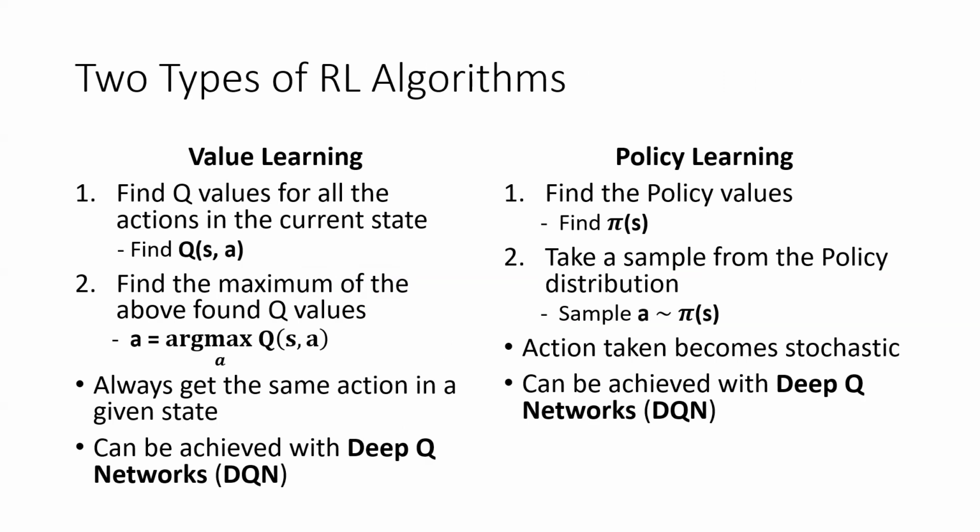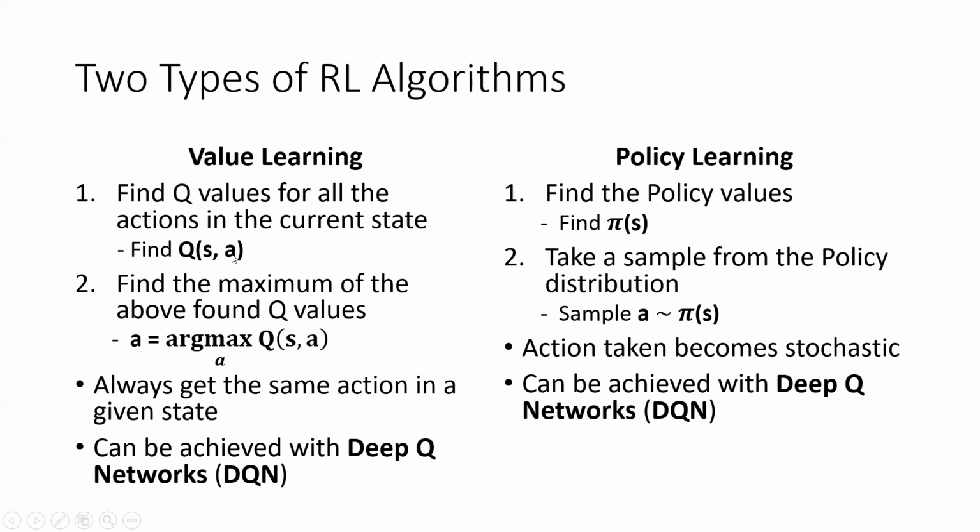However, when we are using reinforcement learning to predict the next action that the agent should take, there are two basic ways that you can go, which are known as value learning and policy learning. Right? There are two pathways. In value learning, you find the Q values.